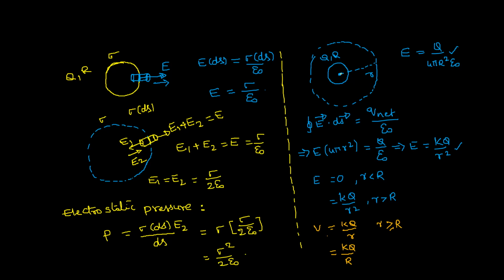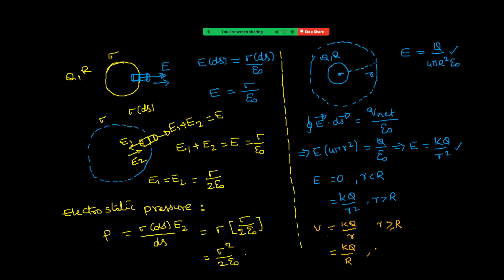Since there is no field, no work is required to move the charge. That means the potential at any point inside will be the same as that on the surface.